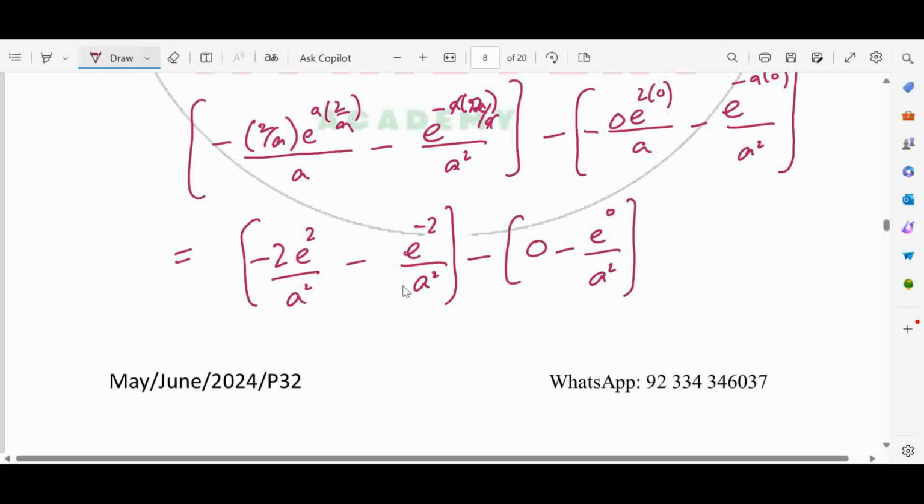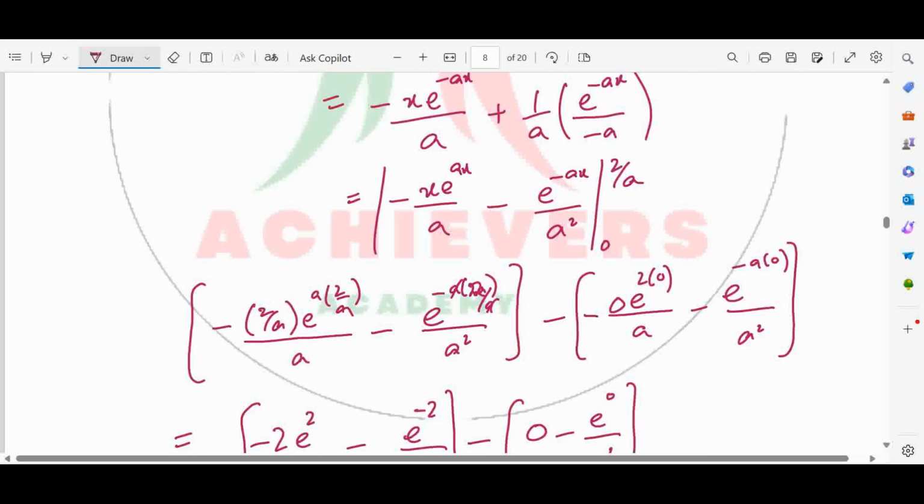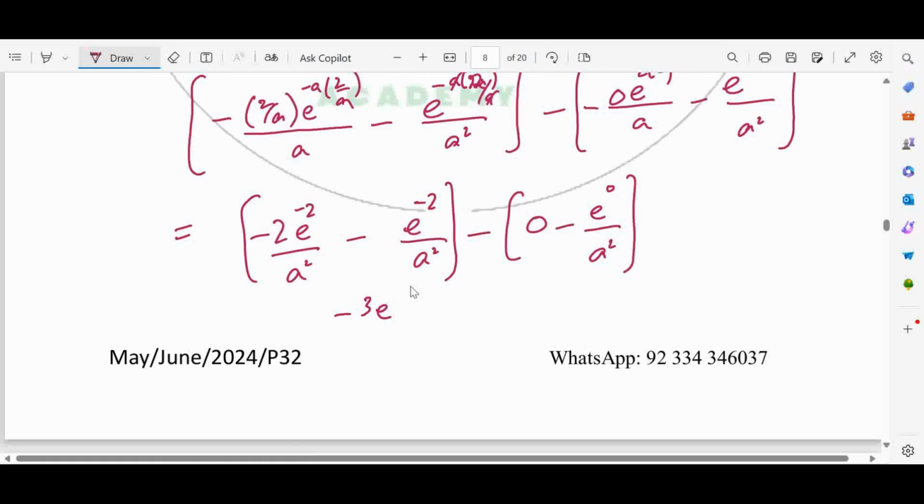And now if we simplify it, this will be minus 3 e power, this will be minus here, minus here, and minus here. So we can say e power minus 2 by a square plus 1 by a square. This will be the final answer.